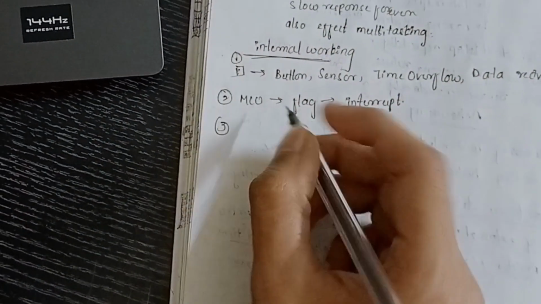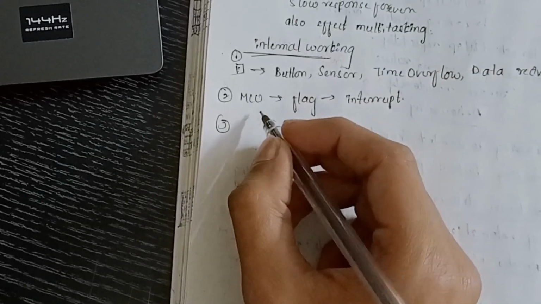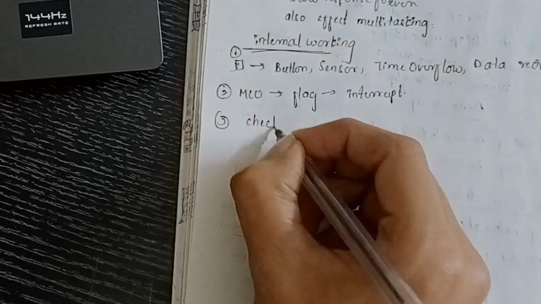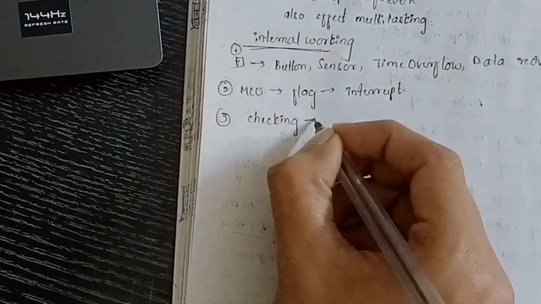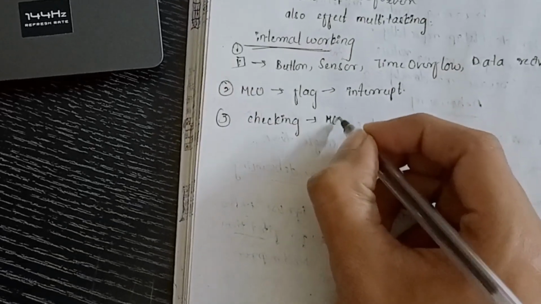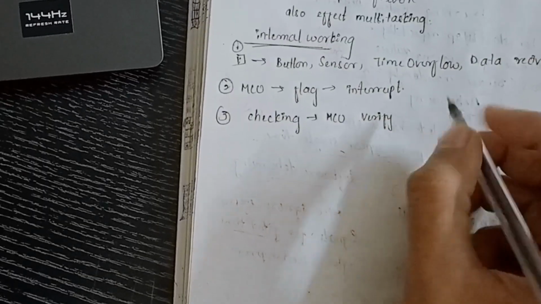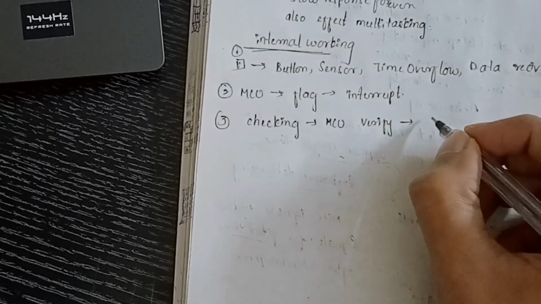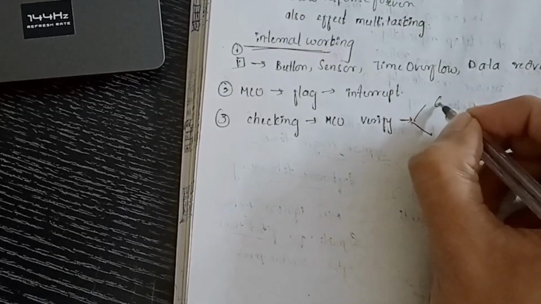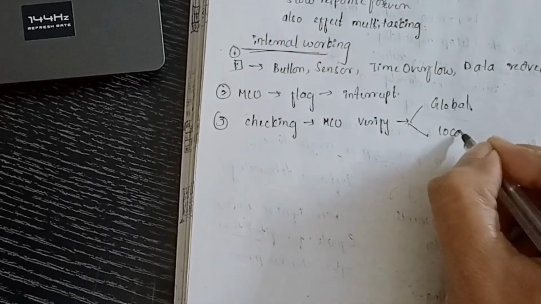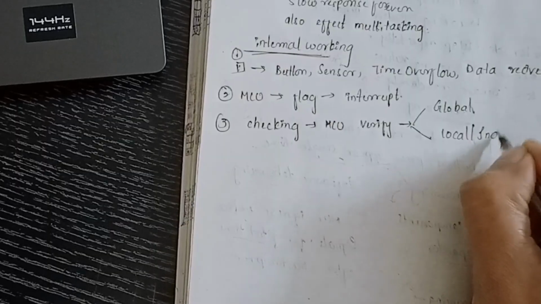Step 3 is interrupt enable checking. The microcontroller needs to verify whether the interrupt is enabled or not. It checks for two conditions: one is the global interrupt, and the other is the local or individual interrupt.